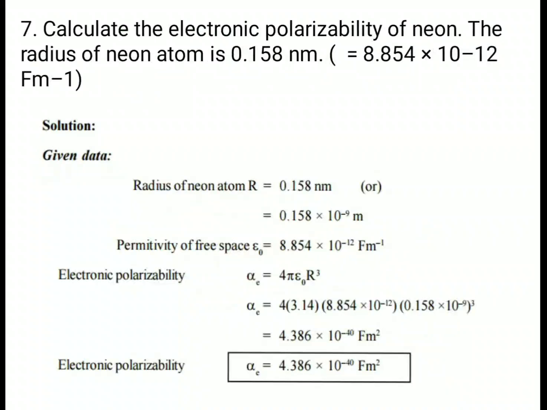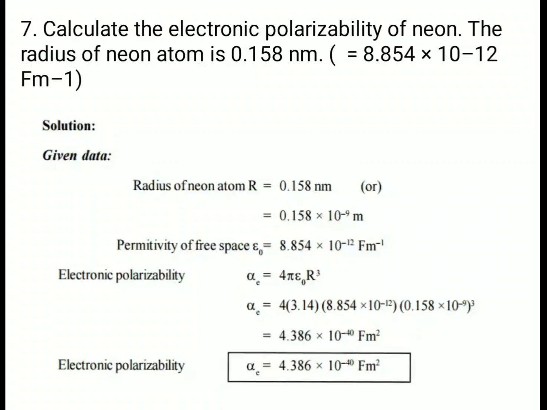Now the solution of the problem. Here the given data: the radius of the neon atom is 0.158 nanometer. Now 1 nanometer is equal to 10^-9 meters, so 0.158 × 10^-9 meters.